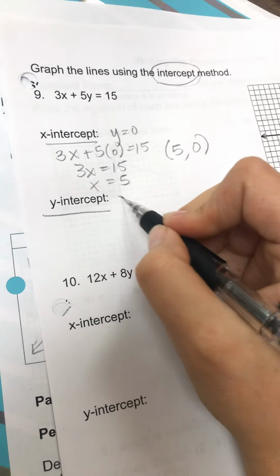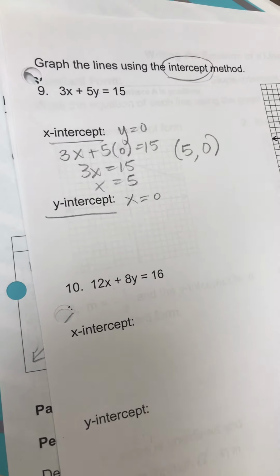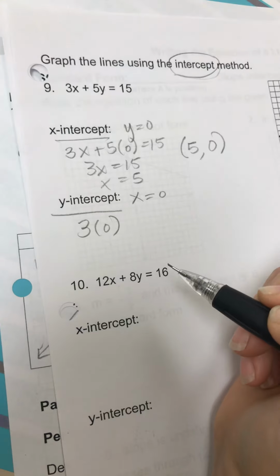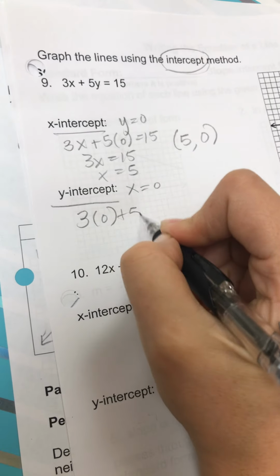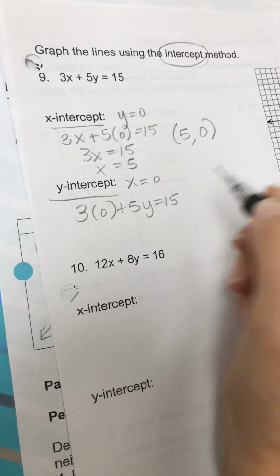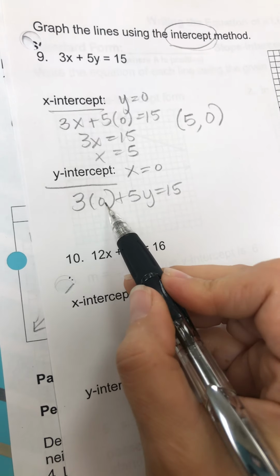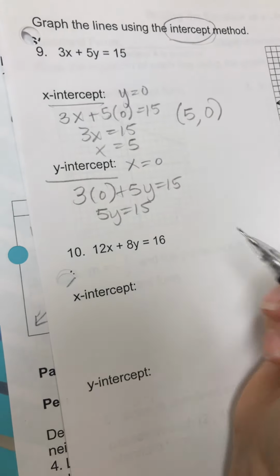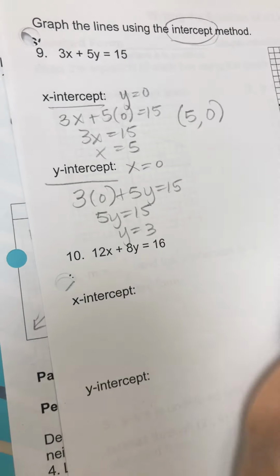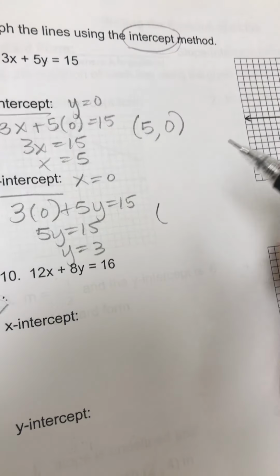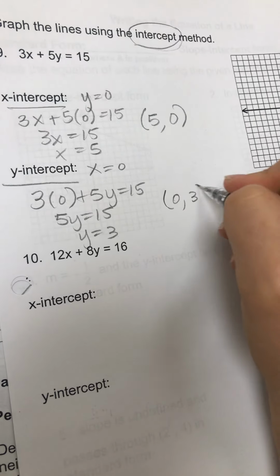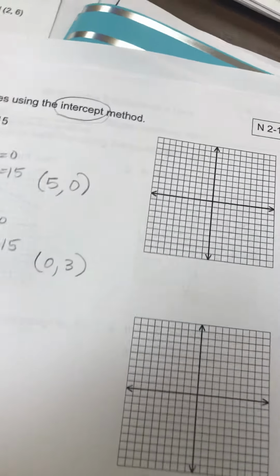Now then, for your y-intercept, you're going to put x equal to 0. So you're going to rewrite your equation with 3, and you're going to put 0 for x, plus 5y equals 15. So 3 times 0 is 0. So it becomes 5y equals 15, and your y is equal to 3. So now your second point, you're going to have x is 0, and y is 3. So now we have 2 points, and we can find our line.